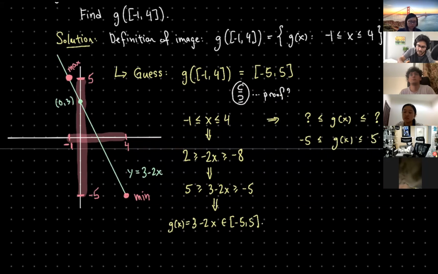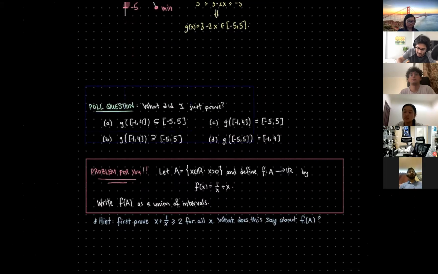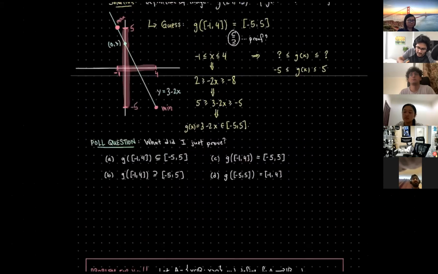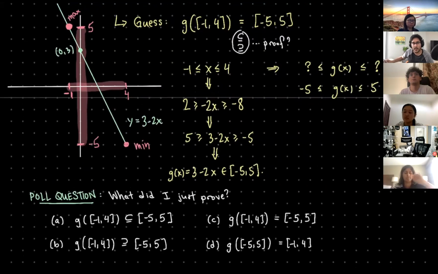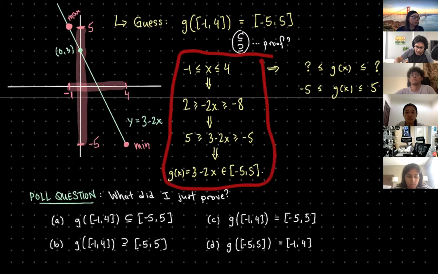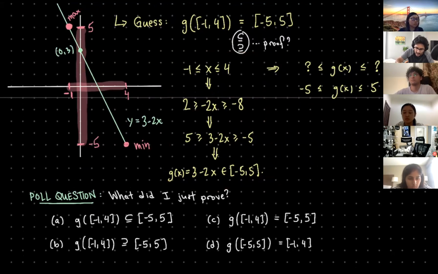Okay, interesting. So that's my next poll question for you: what exactly did I just prove? Just based on this work, what can you tell exactly what I just proved? And here, I'm going to start the poll. There's the poll. I'll give you 2 minutes. What did this whole calculation, this is kind of rough work, what did that prove exactly?